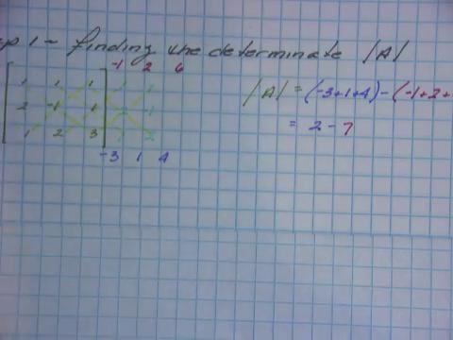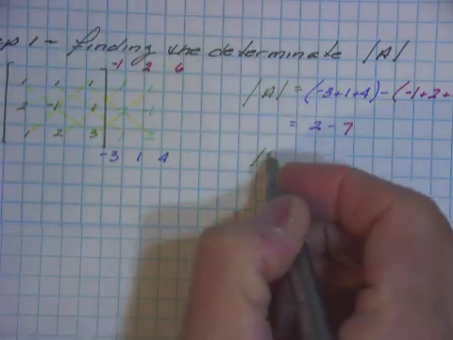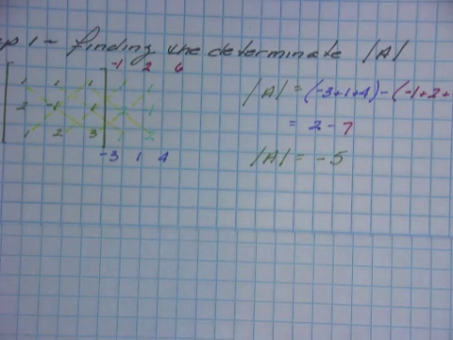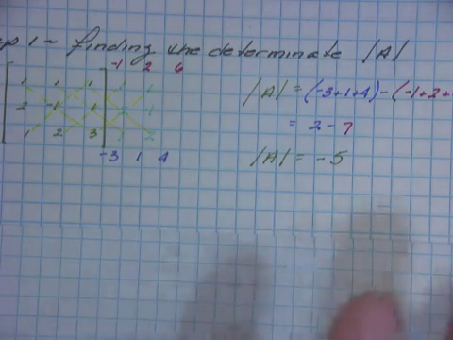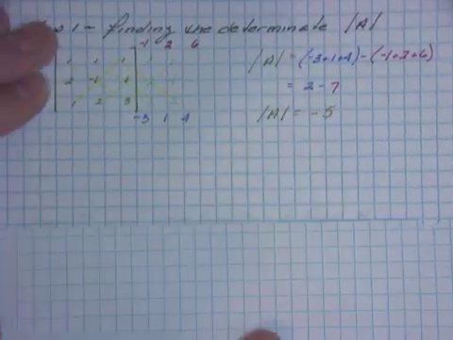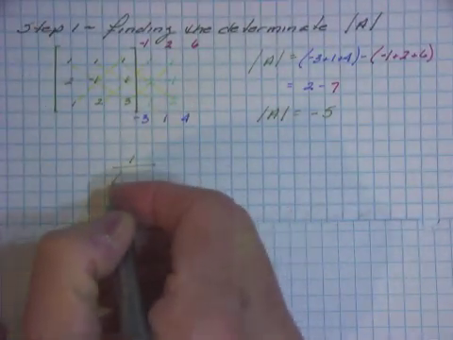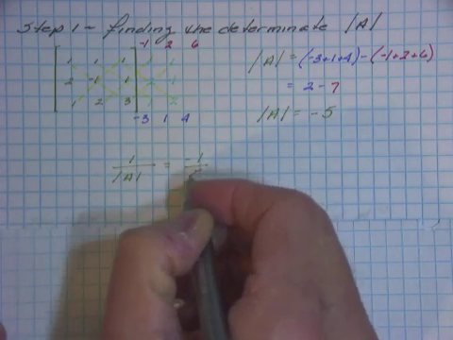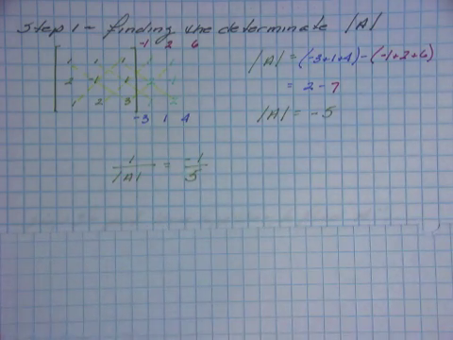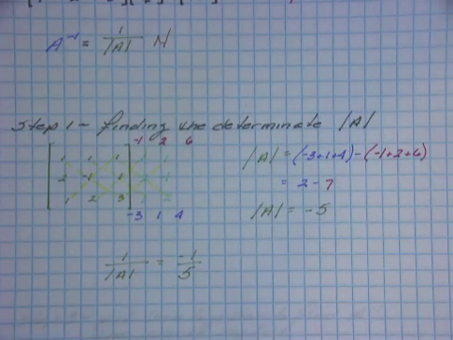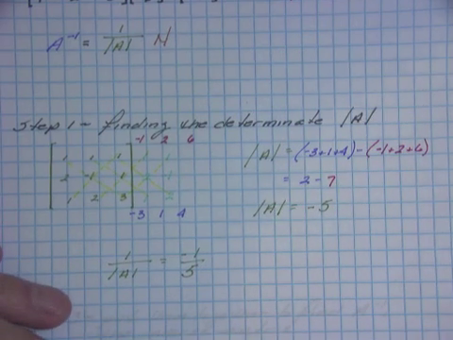So this gives me 2 minus 7, which equals negative 5. So the determinant of A equals negative 5. Now what we really need is 1 over that determinant. So 1 over the determinant of A equals 1 over negative 5, which is negative 1 over 5. So that was step 1, finding the determinant of A.